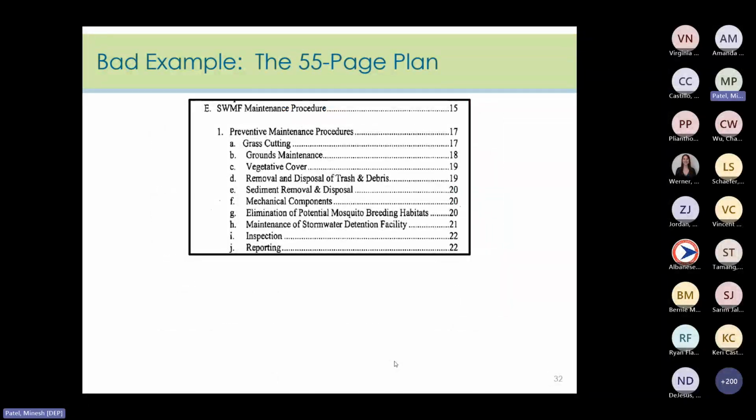Now, imagine you are reviewing a 55-page maintenance plan for, say, a constructed wetland, and you open the table of contents and you see this. Now, you may think, well, they have a 55-page plan, they have preventative procedures, but if you look closely at the headings, A for grass cutting, F mechanical components, and H stormwater detention facility, this will indicate to you that the maintenance plan may not reflect the actual design and require some revisions.